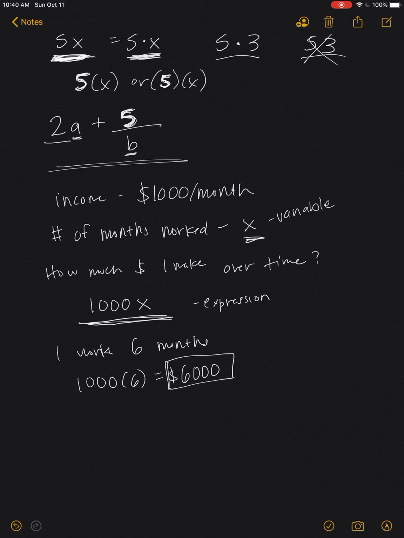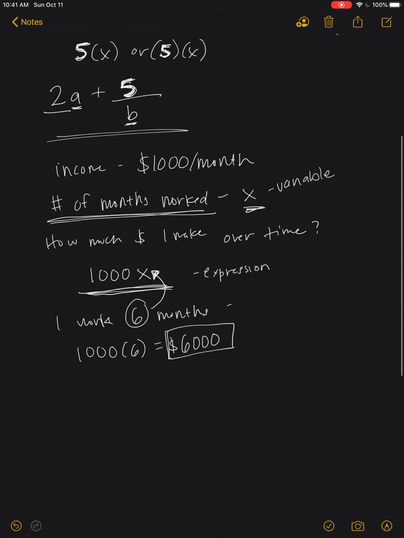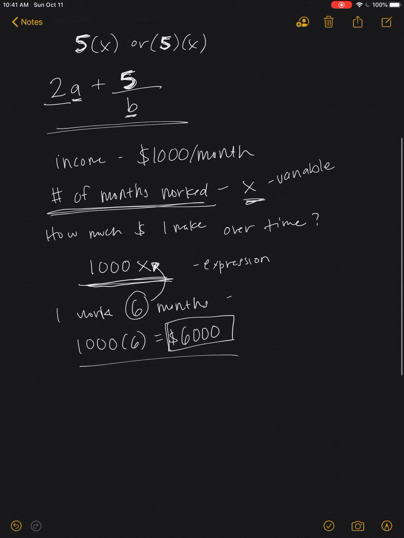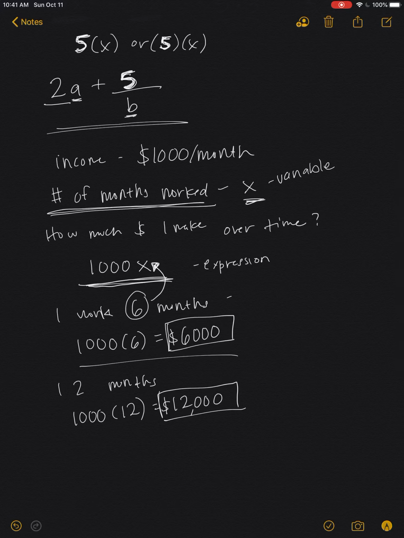Because now I know the month, my variable is now known, it's no longer unknown, so I can just plug this 6 into the X, because X represents the number of months worked, and I can figure out how much I make over 6 months. Maybe I work 12 months, a whole year. This time I'm going to plug 12 into my variable. So I get $12,000 if I work a whole year at this one place.